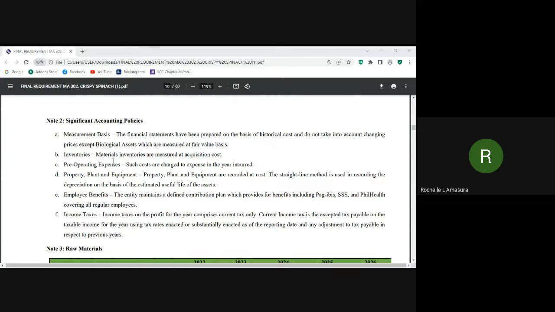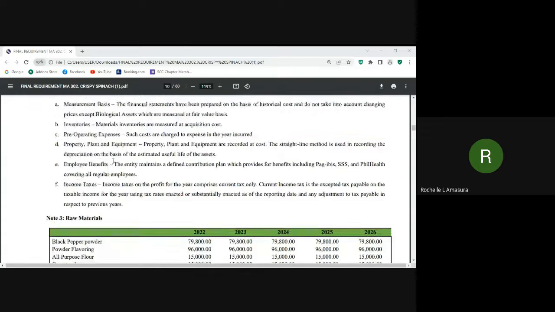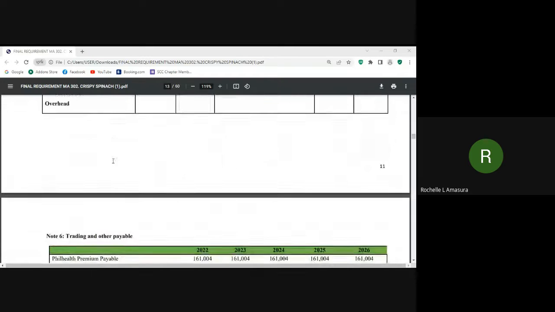So they have kani mga notes: raw materials, property plant equipment, accumulated salaries expense. So dali ra ni siya ang among total every year.